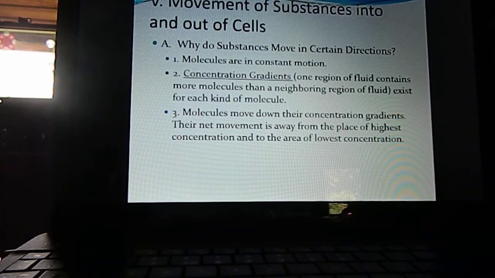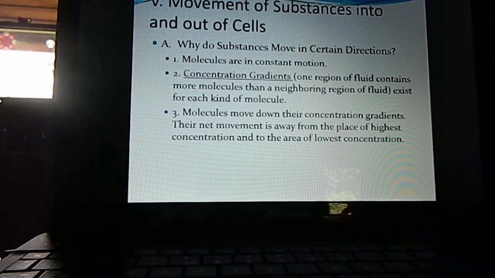Lastly, what we're going to talk about, and in your book, I think it's the very first thing that this chapter talks about, is the movement of molecules. Remember, we said that molecules are in constant motion, all right?